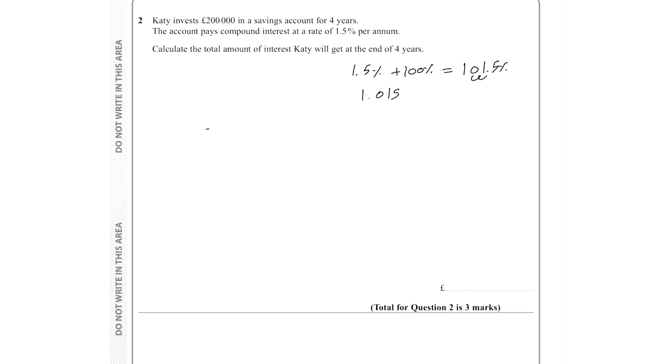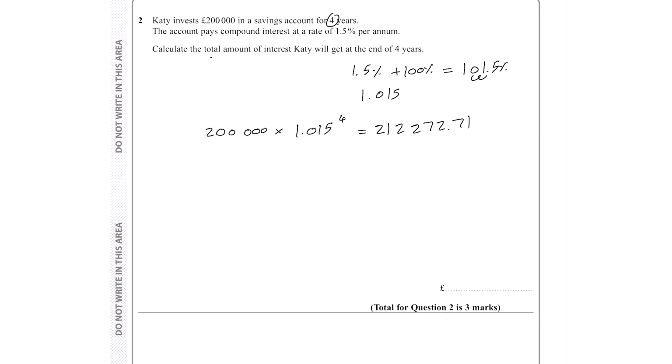So that is going to be 200,000 times 1.015, and we're going to raise that to the power of 4 because it says 4 years. Type that in a calculator and we get 212,272 pounds and 71 pence.